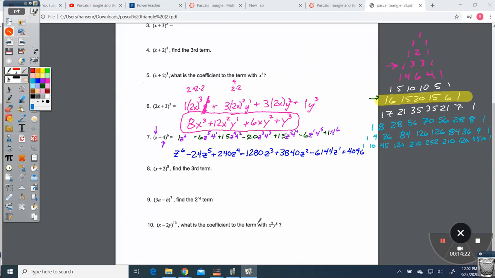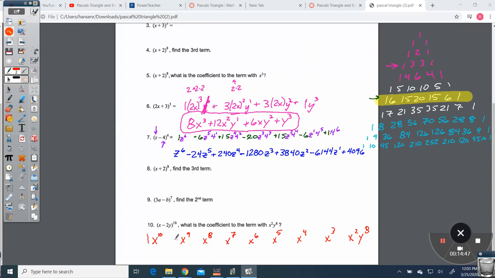So it says, what is the coefficient to the term with x squared y to the 8th? Well, I'm going to start with x to the 10th, right? Then it goes down x9, x8, x7, x6, x5, x4, x cubed, x squared. So that's the one I'm after, this one right down here.